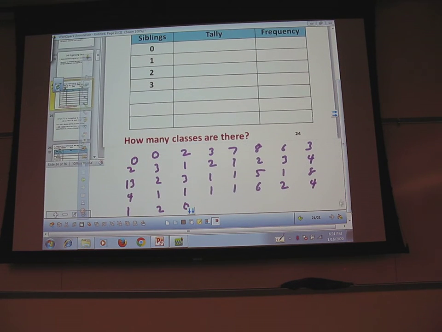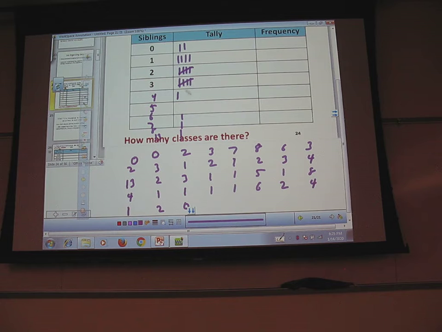I want somebody to go ahead and read me out the numbers. 0, 0, 2, 3, 7. 8, 6, 3, 2, 3, 1, 2, 1, 2, 3, 4, 13, 2, or 3, 1, 1, 5, 1, 8, 4, 1. 1, 1, 1, 1, 6, 2, 4, 1, 2, 0.